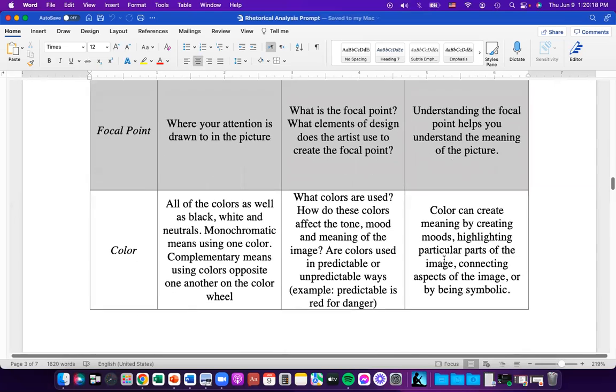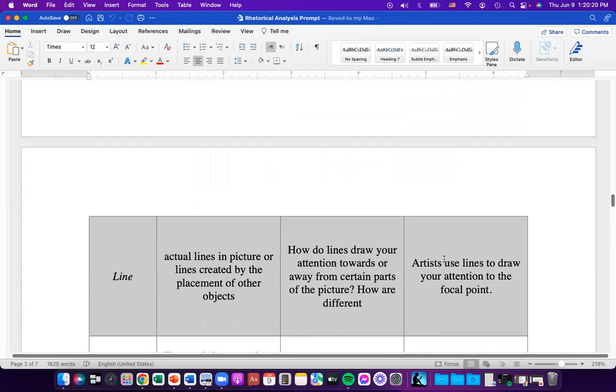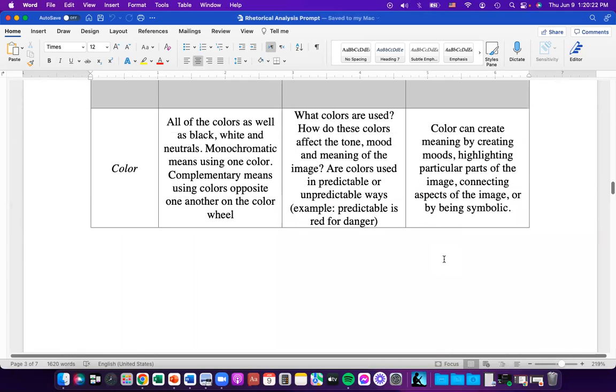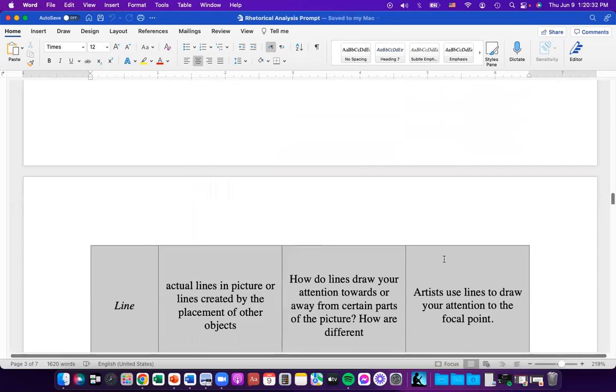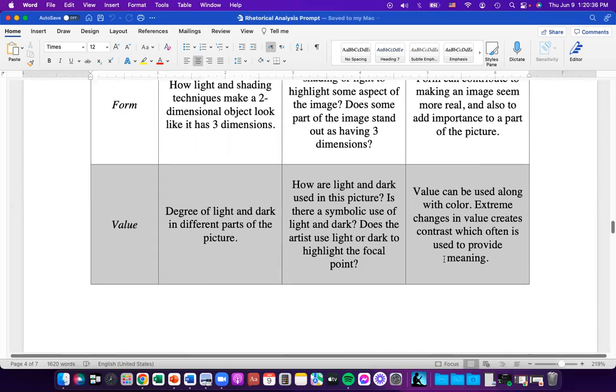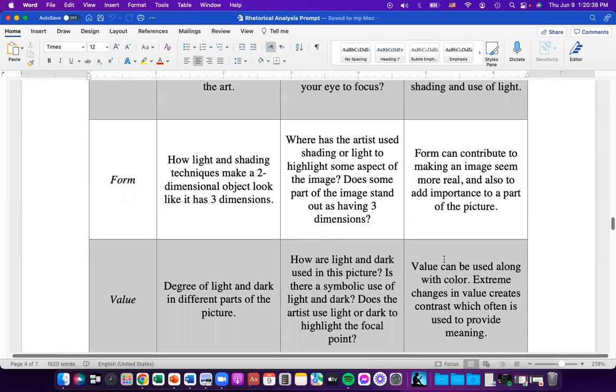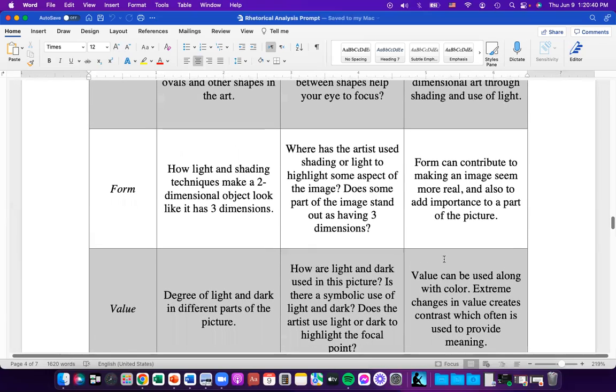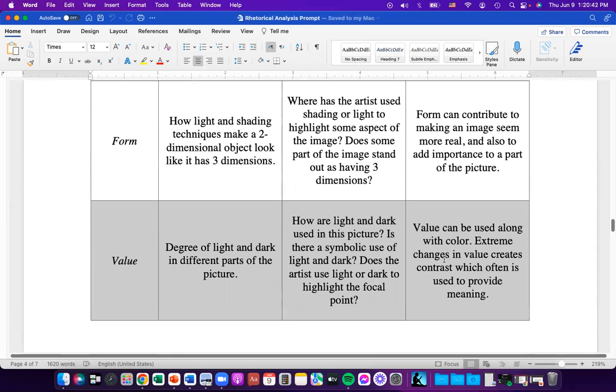Taking a look at these elements of design and deciding if the background of your website is all black, does that do something to create a mood? Same with the way that shapes are being used. Does that make it look unprofessional? Does that make it look professional?